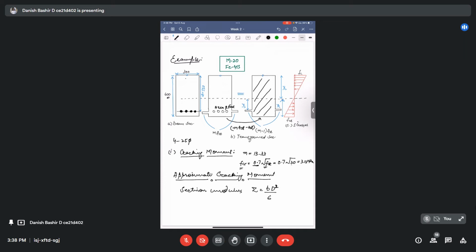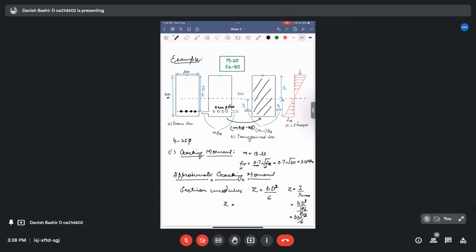Section modulus, we know. Section modulus is actually Z equal to second moment of inertia divided by Y max, the maximum distance from the neutral axis. And for a rectangular cross section we have BD cube by 12 divided by D by 2. So it goes to BD square by 6.